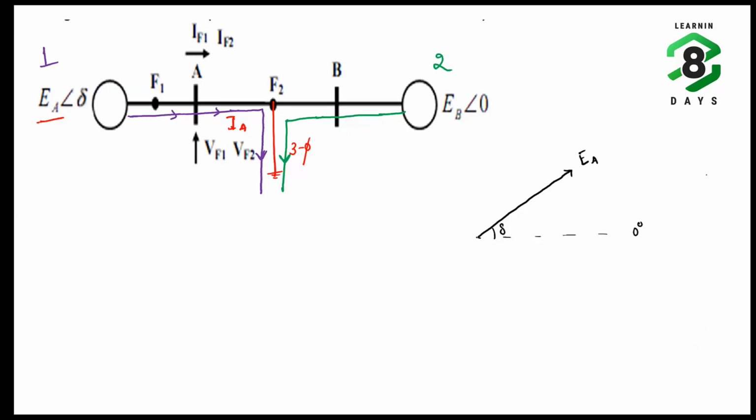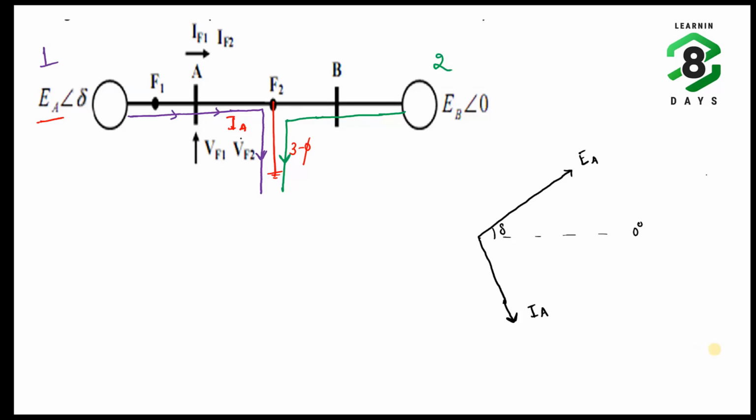Why? Since we are assuming it is a short circuit fault, most of the short circuit currents are inductive. So your IA will be 90 degrees lagging with respect to EA. Now what is the IF1?